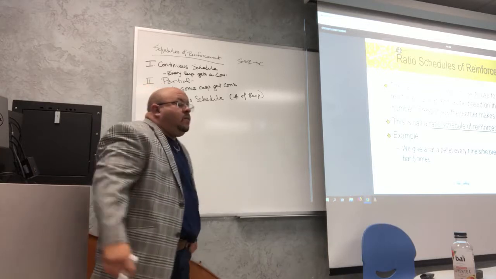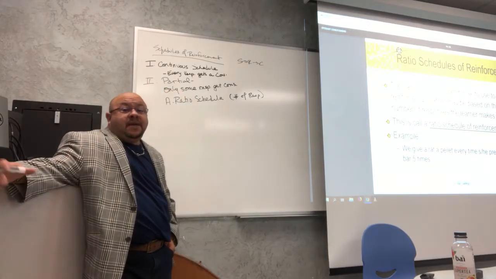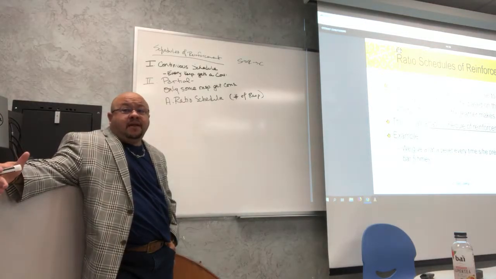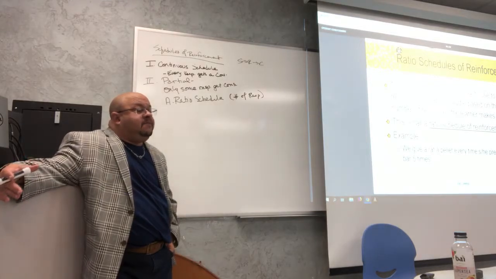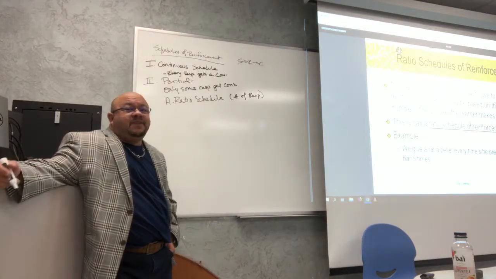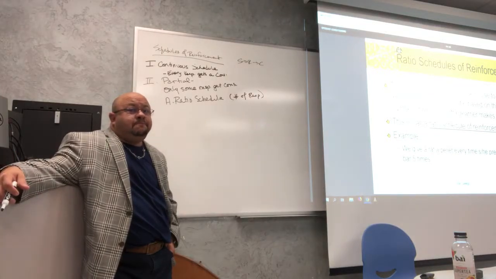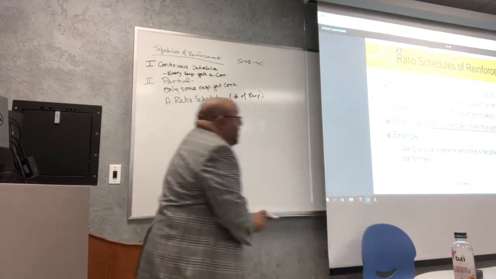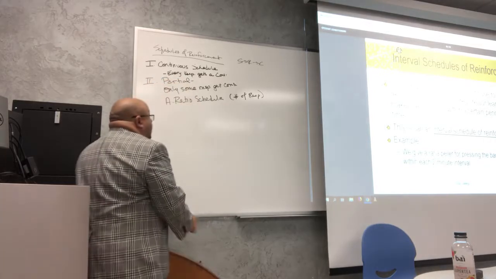So here, we're going to reinforce our learner based on the number of responses that they make, okay? So let's say I decide that I'm going to give my rat a pellet every 5 times they press the bar, not every single time. You with me?